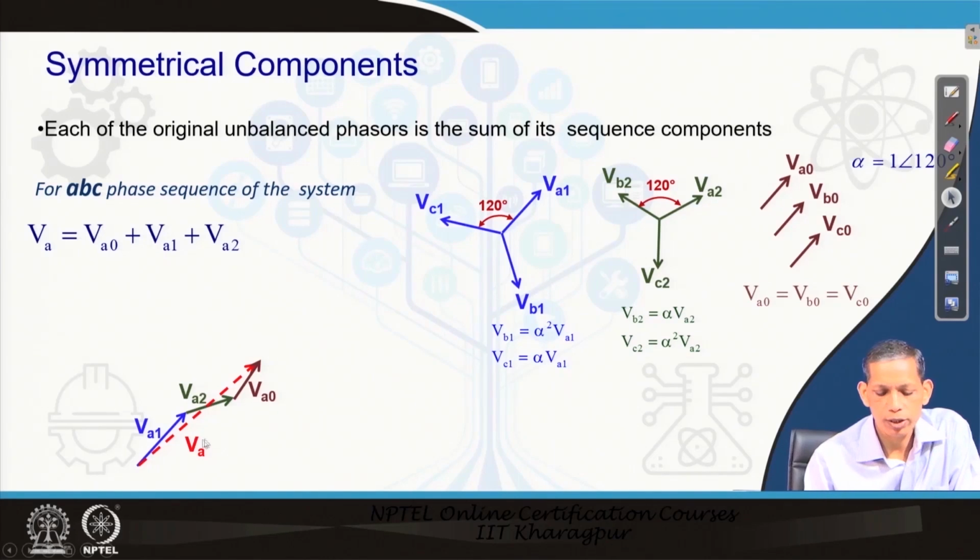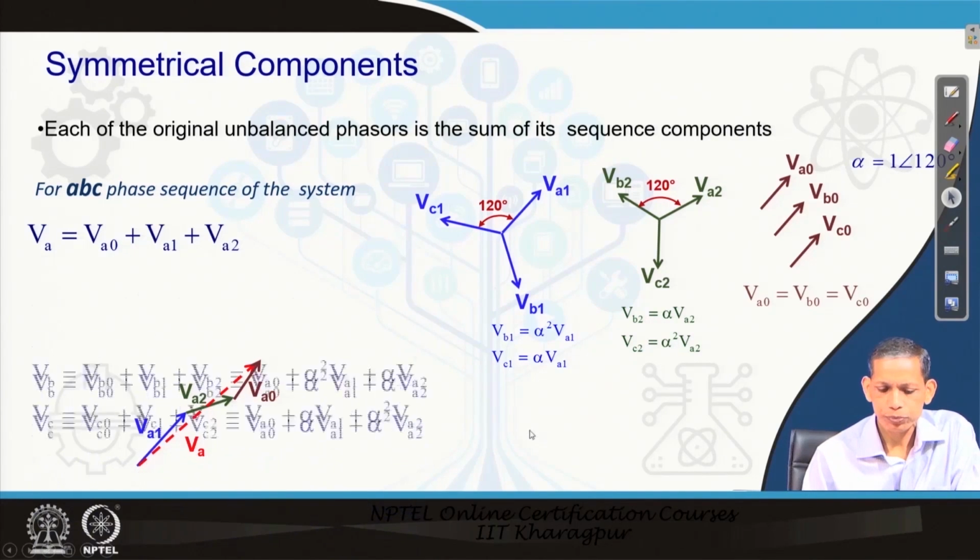So, that is what we say here: each phasor VA, VB and VC can be considered the summation of its corresponding positive sequence, negative sequence and zero sequence components.